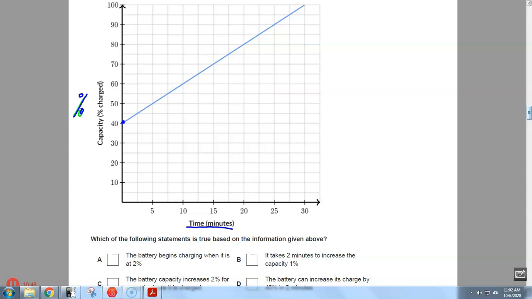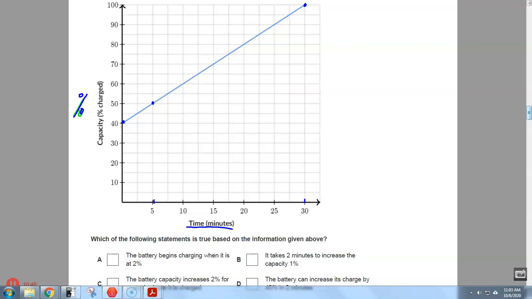Then if I move over, at 5 minutes, it's now up to 50% charged. And eventually, all the way over here, we're at full charge, 100%, and it took a half hour. So it took a half hour to go from 40% to 100%. Which of the following statements is true based on the information given above?